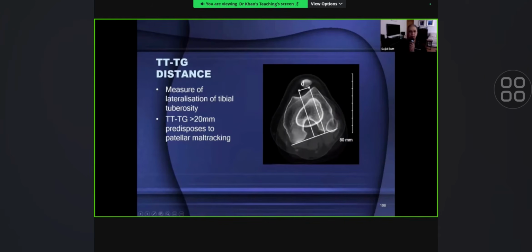You can calculate the trochlear groove to tibial tuberosity distance. So you find where the deepest point of the trochlea is, higher up in the knee joint. You put your mouse on that, and then you scroll down till you reach the tibial tuberosity, and then you just calculate the distance between that point and that point. If it's more than 2 centimeters, that's a lateralized patella and a dysplastic trochlea.